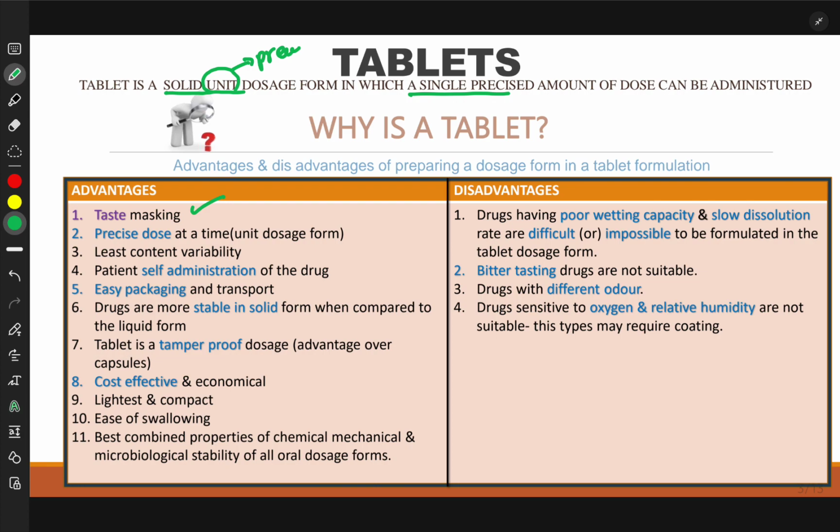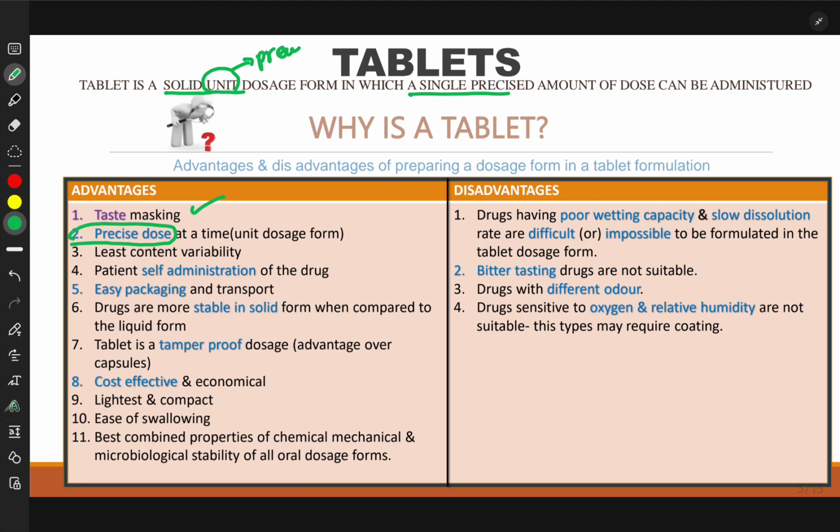You go to the doctor, who suggests some drugs like paracetamol or cetirizine. You take one tablet in the morning and one tablet in the evening. That means you are taking a particular dose in the morning and a particular dose in the evening. That is the required dose, a precise dose at a time.